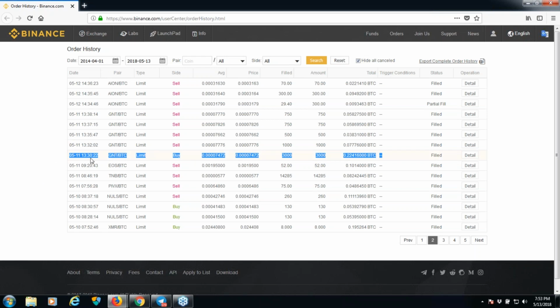So at 13:30 hours, that's 1:30 where I live in the Western Pacific Islands, I bought 3,000 GNT at 7,472. I spent about $4,000 odd here.